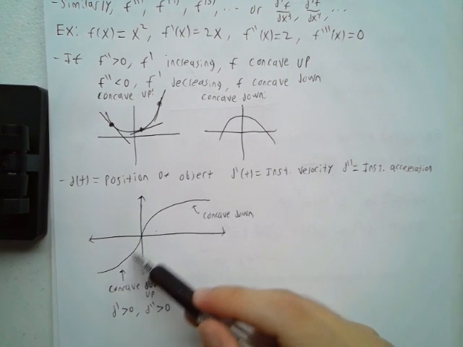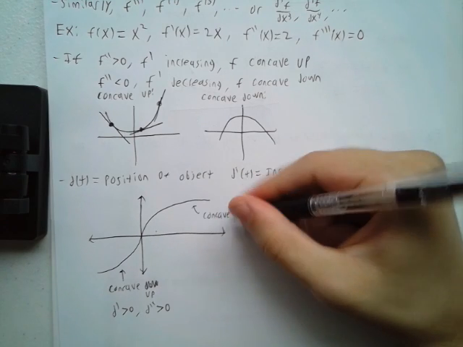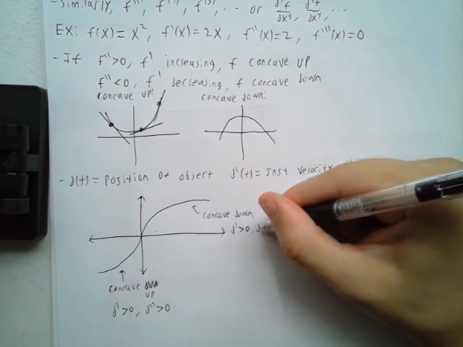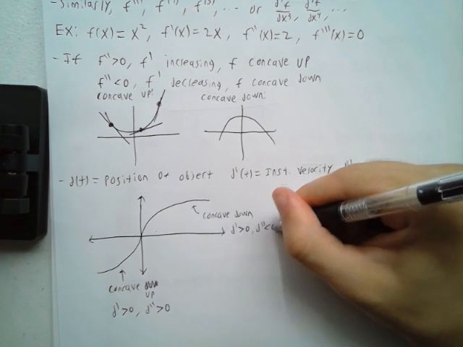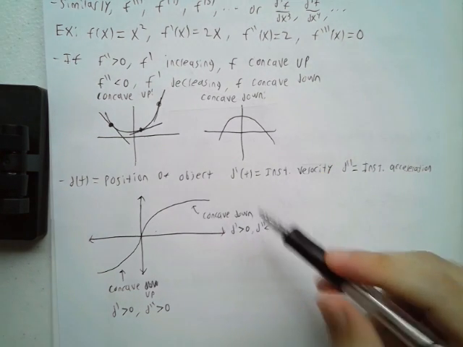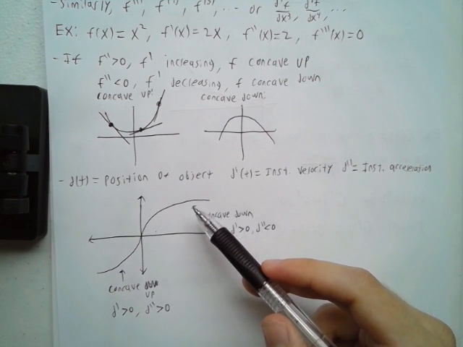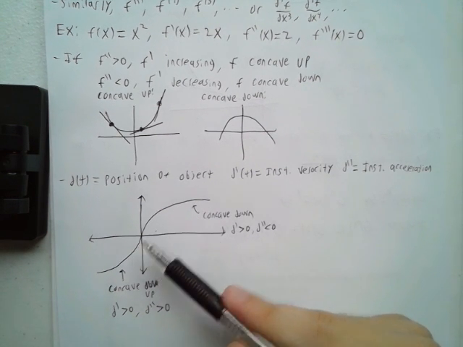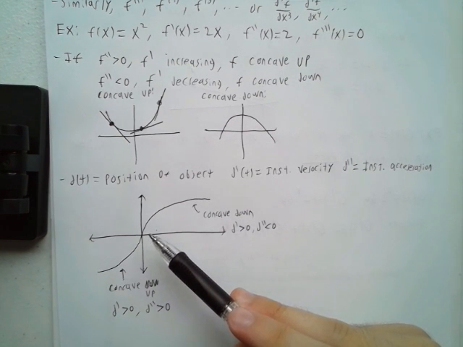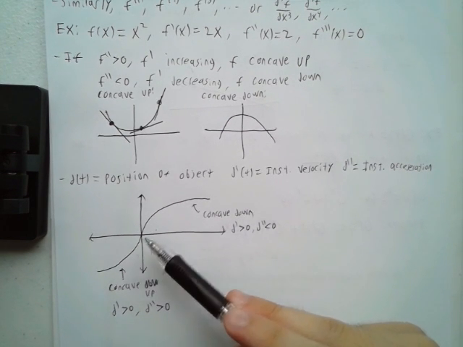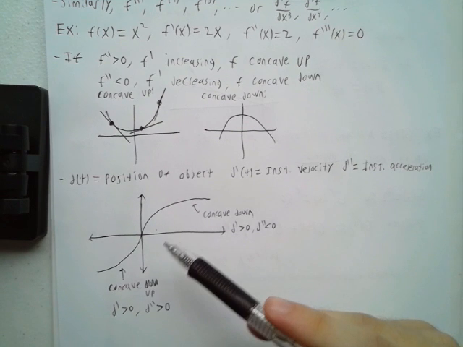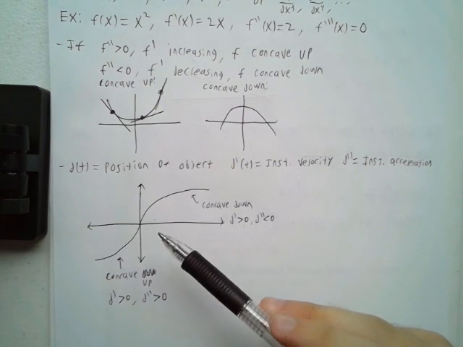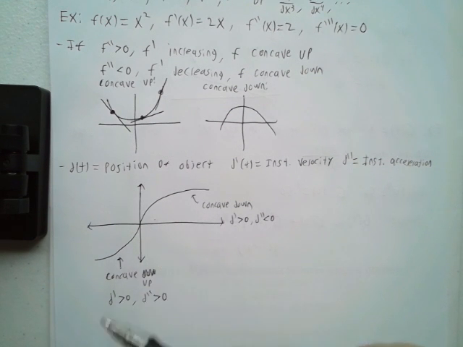And over here, it has still a positive first derivative and a negative second derivative. So we could predict that the function will look something like this, even if we hadn't already known what the graph was. And so this gives us a lot more information about what the graph will look like than just knowing the first derivative of the function. And we'll see throughout the course that the first and second derivatives are both very useful in determining information about how a function is behaving.